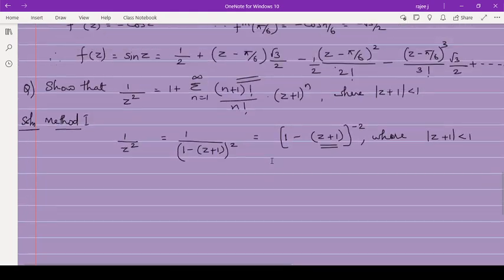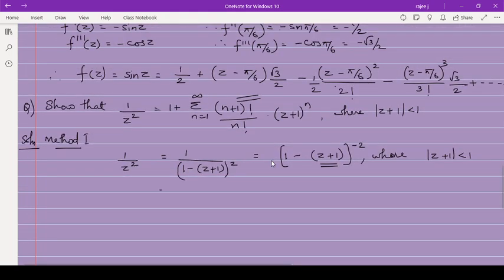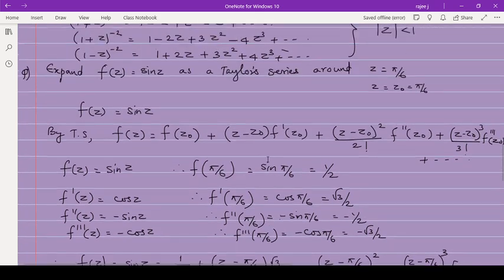So I will write this as 1 plus 2z, 2z means 2 into z plus 1, plus 3z square, 3 into z plus 1 the whole square, plus 4z cube, z plus 1 the whole cube, plus etc. From where? Using that series.